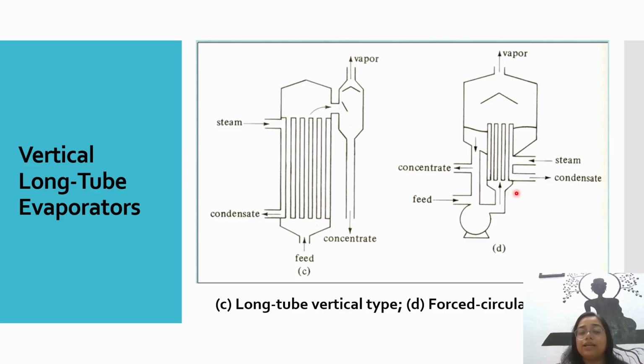That's why we are calling it the forced circulation type of evaporator. So I think it is clear now that depending upon the alignment and the length of the evaporator tubes, we can classify them into four types. First one is horizontal, second one is vertical, the third one is the long tube vertical type, and another one is forced circulation. That means by force we are circulating the feed. That's why this is the forced circulation type.